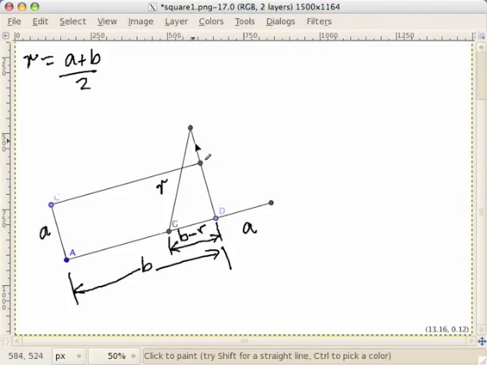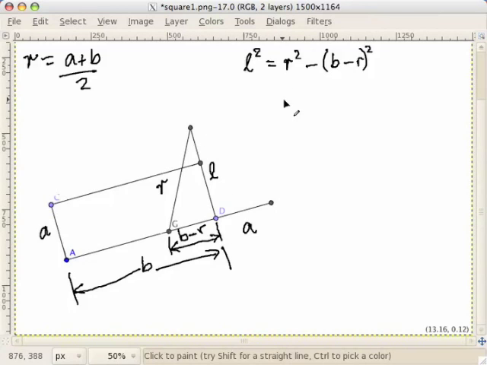So we want to find this length here. I'm going to call that L. So using Pythagoras' theorem and just rearranging it, I could say that L squared is equal to R squared minus (B minus R) squared. So notice what L squared would be.